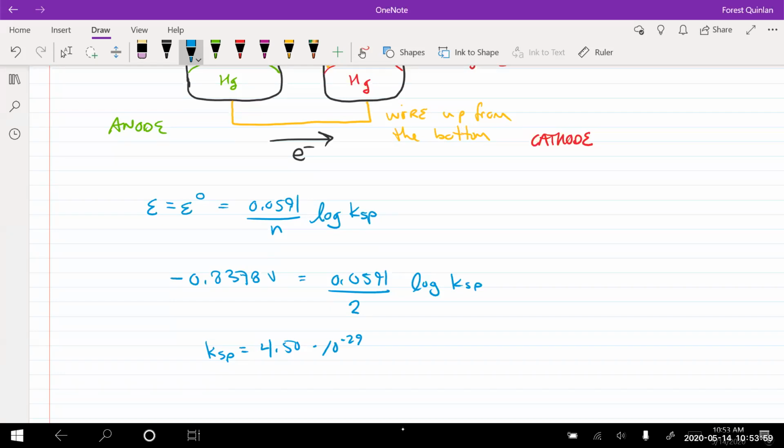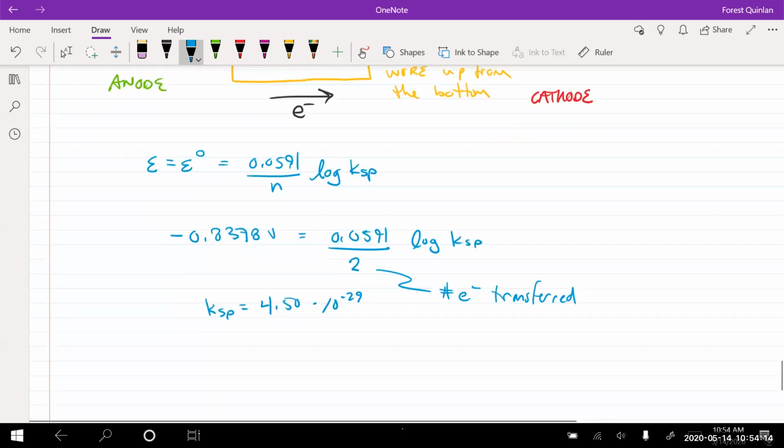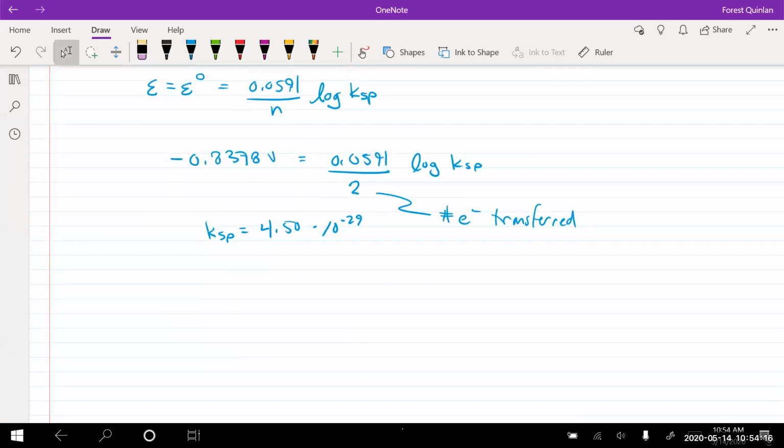Just want to make sure I got n equals 2 from the number of electrons, right. Okay.